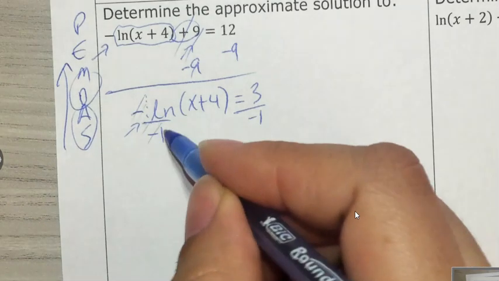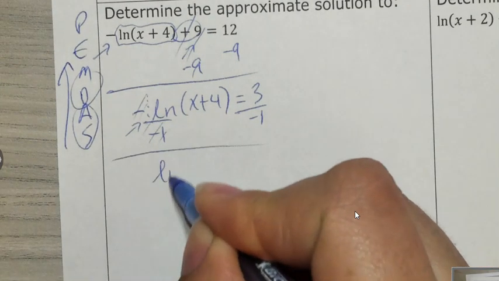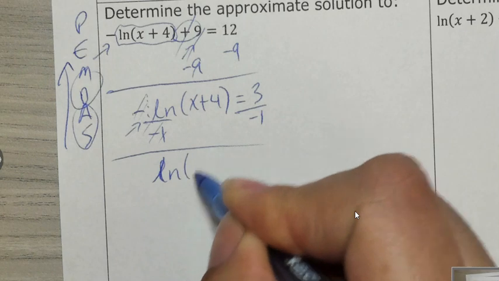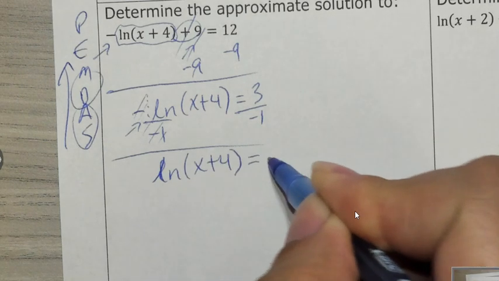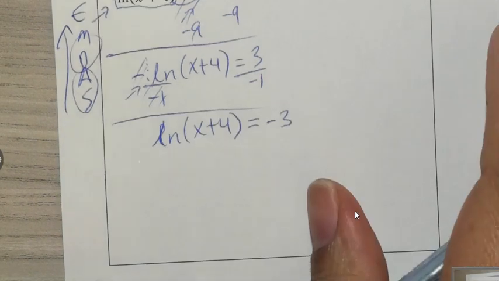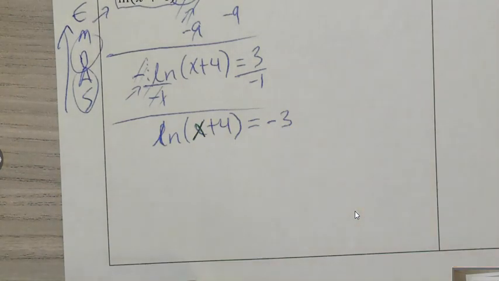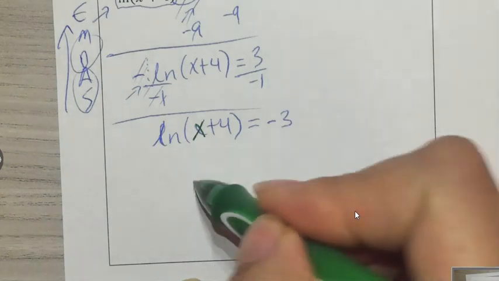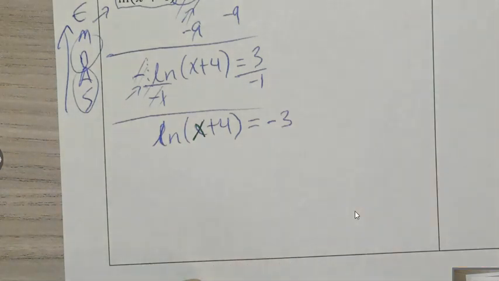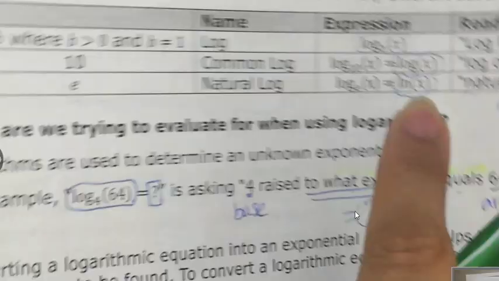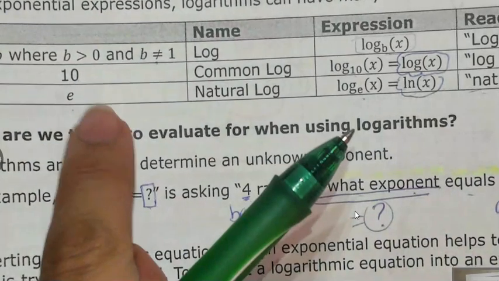So that cancels the negative, and you're left with natural log of x plus 4 equals -3. And then here we want to get inside the parentheses to get the x by itself. So we need to undo the natural log. And once again, back to the 8.2 notes, natural logs are the inverse of e.